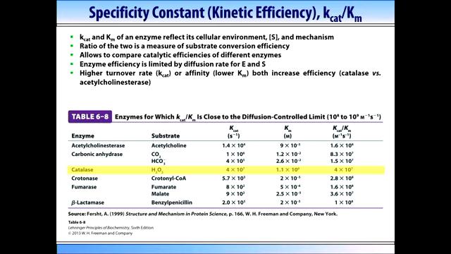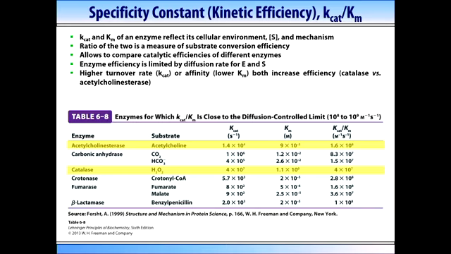There could be another type of enzyme, for example acetylcholinesterase, which has a super low Michaelis constant, right? That means it's very specific to its substrate. It really likes it. It binds it with high affinity. But the turnover number is not so great.